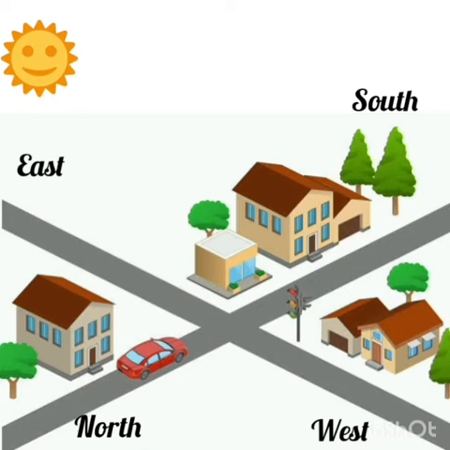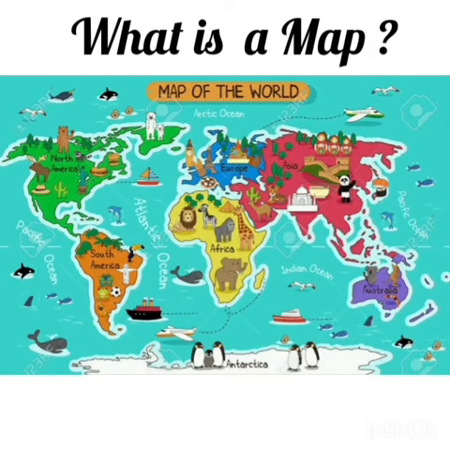This makes it easier for us to understand the map and the region. What is a map? A map is a diagrammatic representation of an area of land or sea, showing physical features, cities, roads, etc.